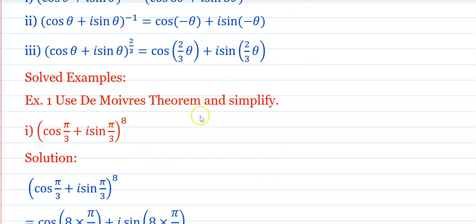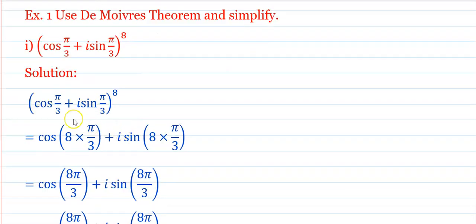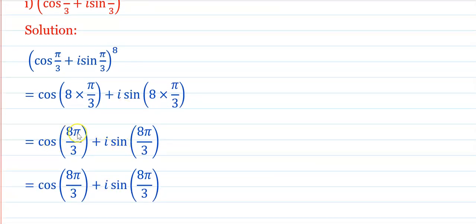Now the solved examples. Use De Moivre's theorem and simplify. (cos of pi by 3 plus i times sin of pi by 3) raised to 8. This equals cos of 8 into pi by 3 plus i times sin of 8 into pi by 3. If we simplify it, then you will get cos of 8 pi by 3 plus i times sin of 8 pi by 3.